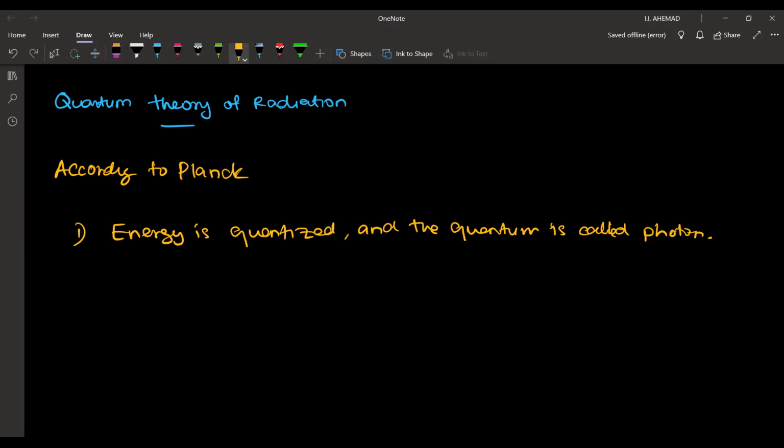I remember photon was named by Einstein. Planck just said that energy is quantized.